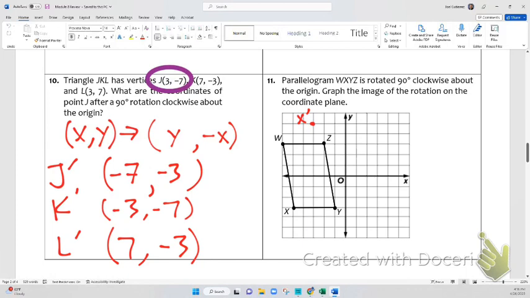But if you have your patty paper, then you'll know what I'm talking about. Or not even, you don't even need patty paper, but if we just rotate it 90 degrees, this is what it would look like. So from here, this one would be 3 units off to the side. This would be our new W, and then our new Z would be somewhere over here, and this would be my new Z prime, okay?